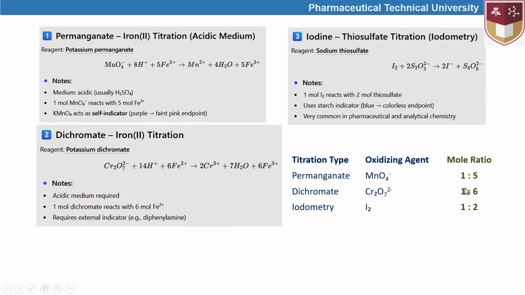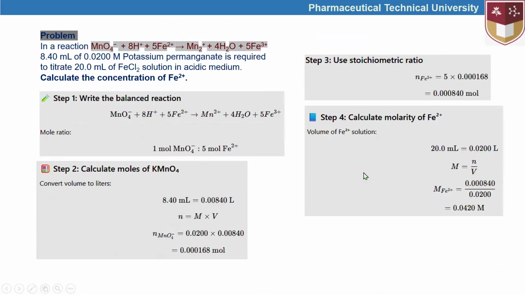So as I said, the point we have to take into consideration is the ratio between oxidizing and reducing agents, as shown here, 1 to 5 in this example, 1 to 6 in this example, or 1 to 2 in this example. Okay, this is about the redox reaction, redox titration.